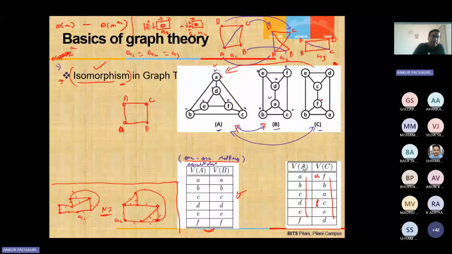Okay, fine. But there is one sub problem which is called subgraph isomorphism. When you Google it, this problem is proven to be NP complete, an NPC problem.